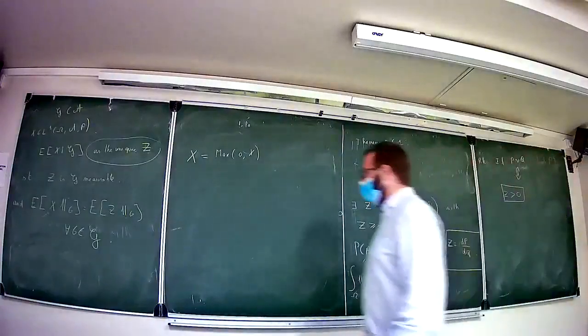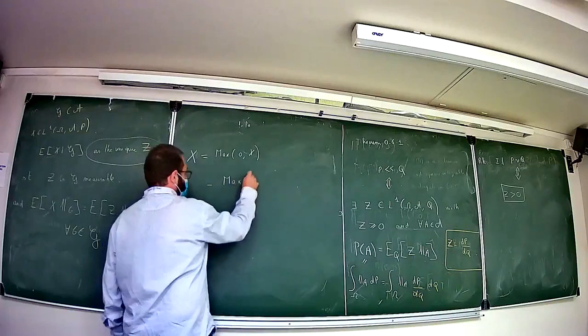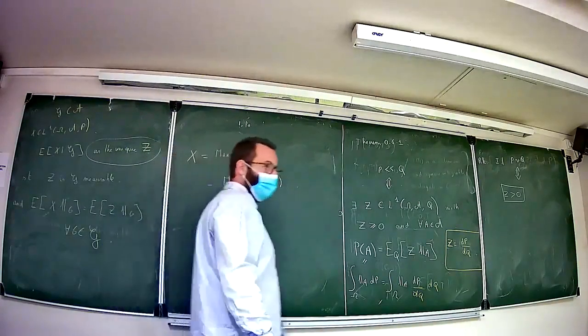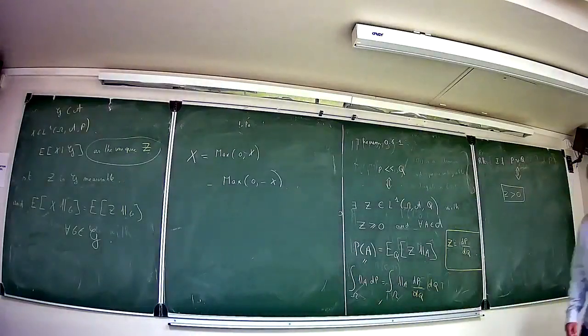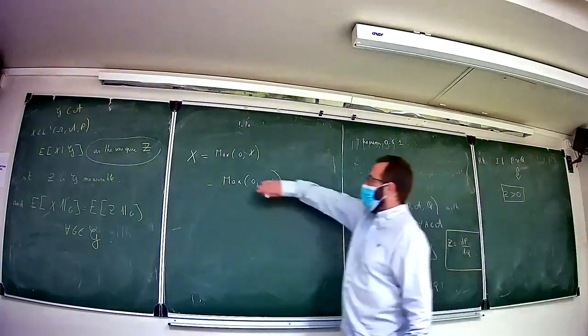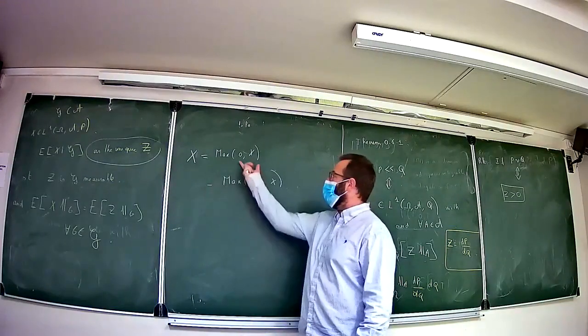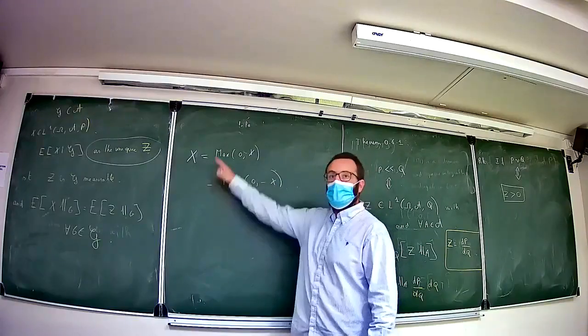But minus the maximum between 0 and minus x. If x is positive, this one is 0 and the max is x. And when x is negative, this one is 0 and this one is what? Minus x, minus, so I have x.